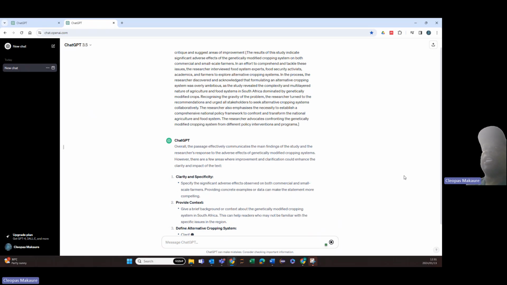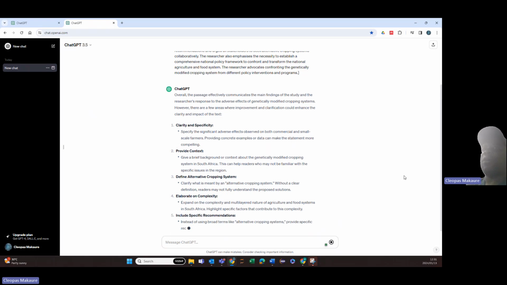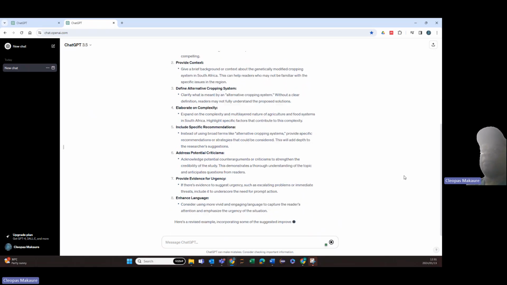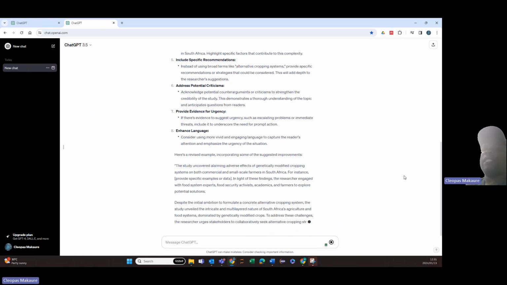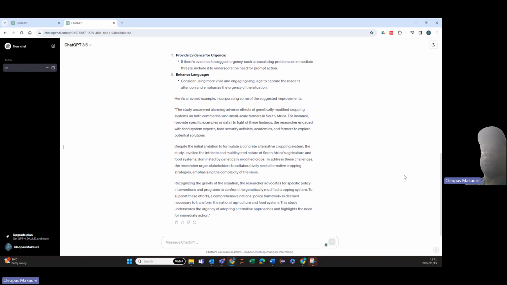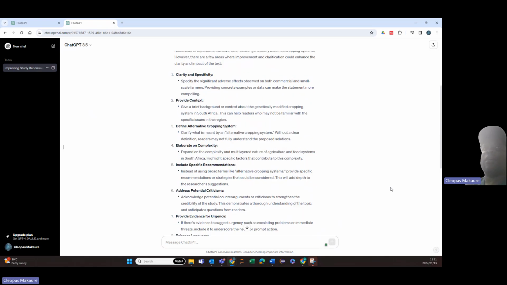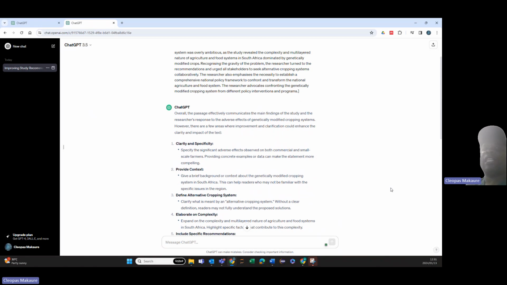Then we want to hear what ChatGPT now has to say. It can take just a few minutes, and then we are good to go. All right, so this is now the output from ChatGPT. So ChatGPT says, overall, the paragraph effectively communicates the main findings of the study and the researcher's response to the adverse effects of the genetically modified cropping system.